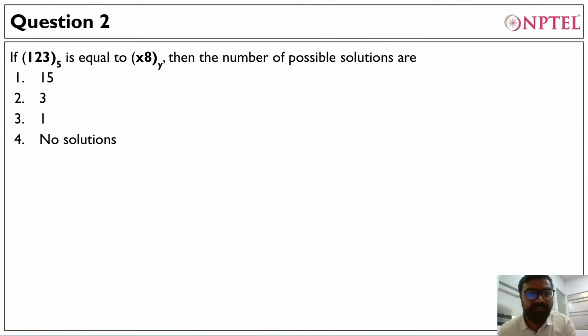So this question is not asking what x and y are, rather it is asking how many values of x and y will satisfy this equation. So the equation is 123 base 5 is equal to x8 base y.